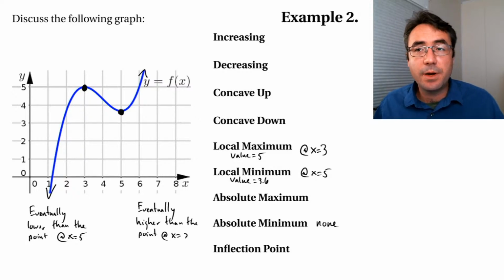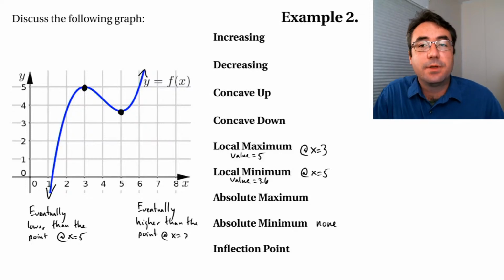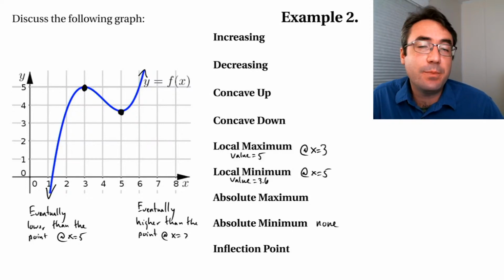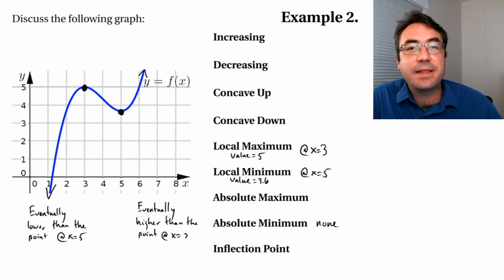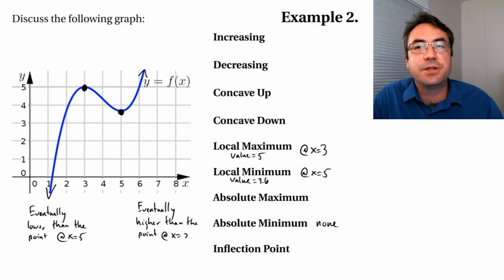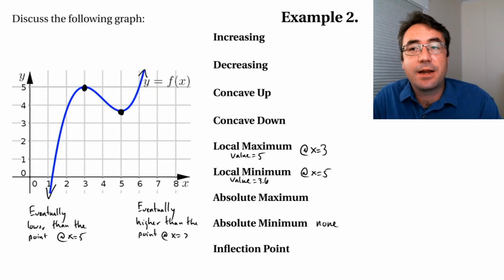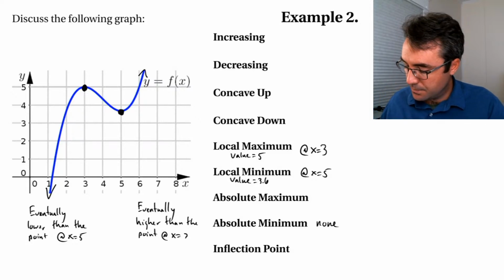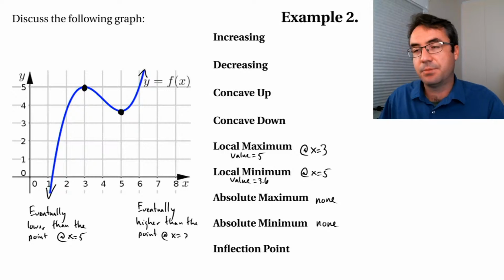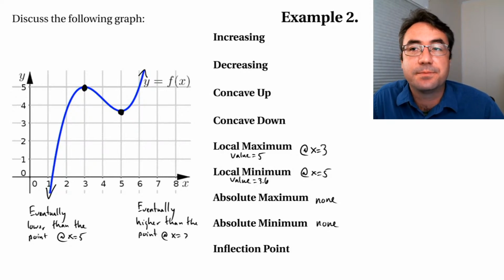Our local maximum was a possible contender for being the absolute maximum, but this right end of our function eventually gets higher and just keeps getting higher and higher. So there is no absolute maximum for this graph.